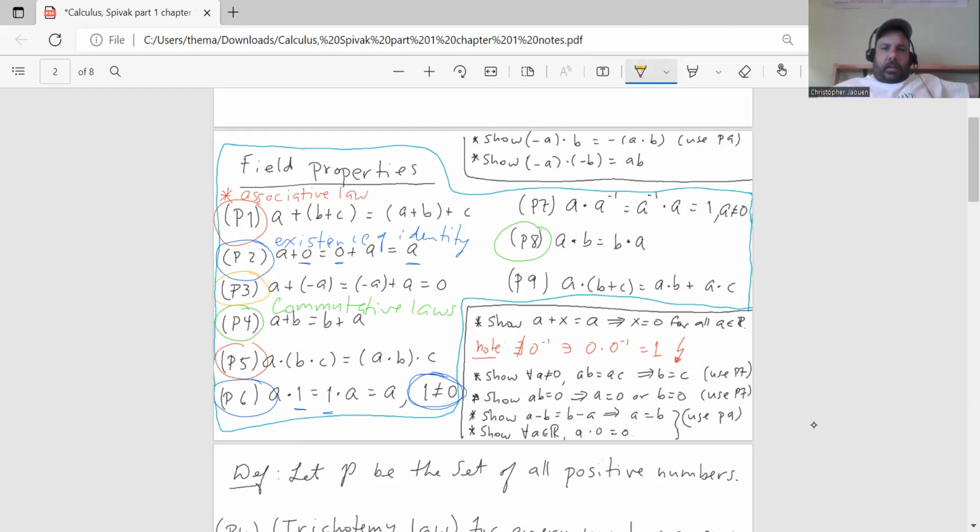P3 and P7 are existence of inverses. P3 talks about the existence of additive inverses for every real number, and P7 talks about the existence of multiplicative inverses for multiplication.